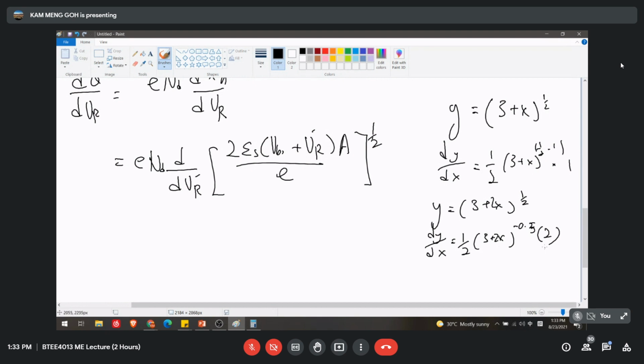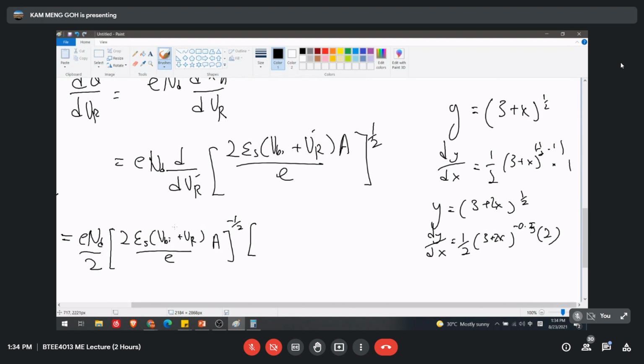Hopefully you still remember all the differentiation. So we do the same thing according to this formula. We put q and ND here, then the half divided by the square root of 2 permittivity (VBI plus VR) over q A, then we multiply the derivative inside.